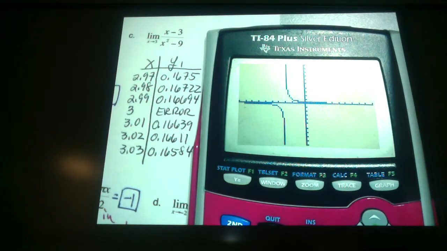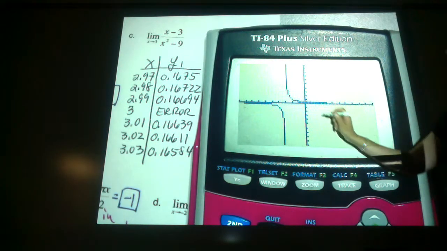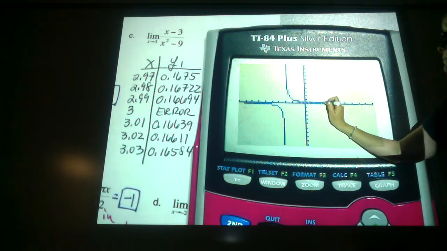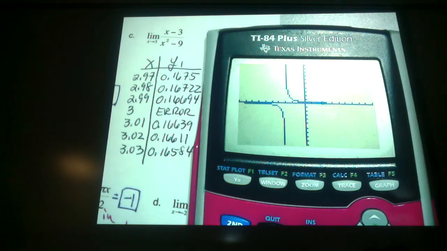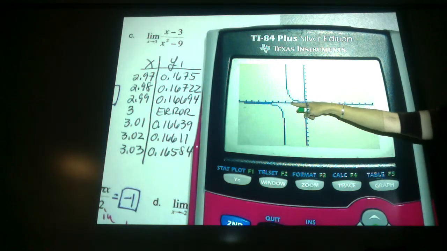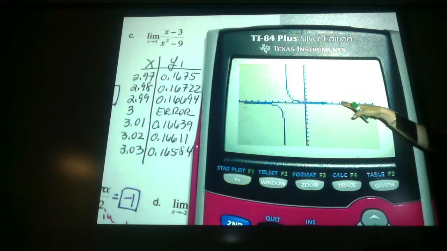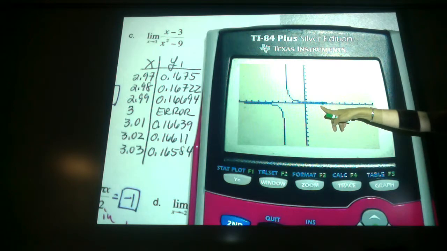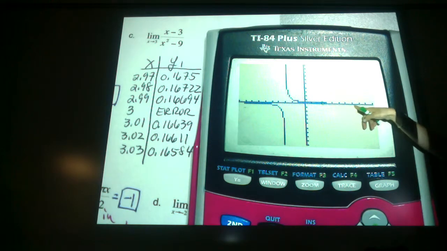And as x approaches 3, so here's 1, 2, this is probably about 3 right here. What does it look like the y value is, if you were to guess just by looking at the graph? Isn't the x-axis an asymptote? So as this graph gets bigger and bigger and bigger, as it approaches infinity, isn't it going to approach 0? It'll get closer and closer to 0.